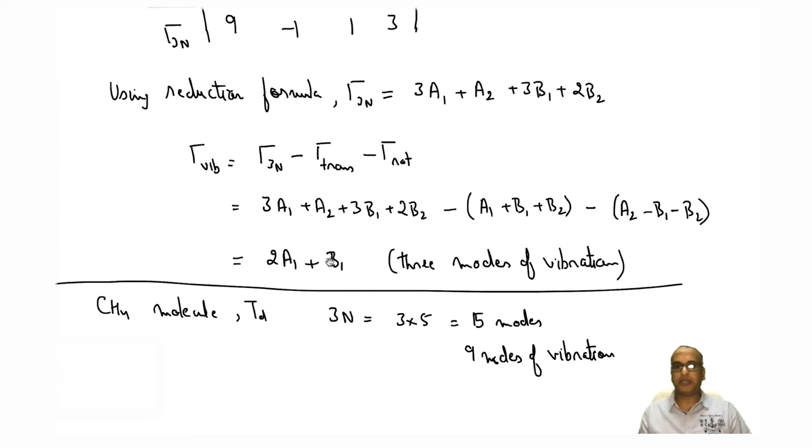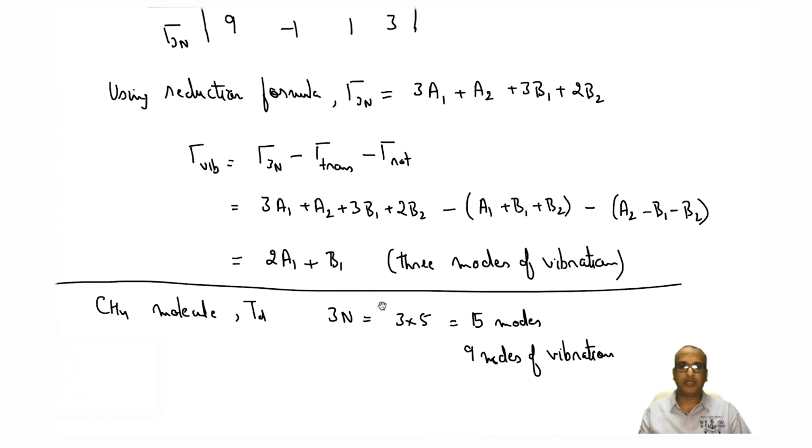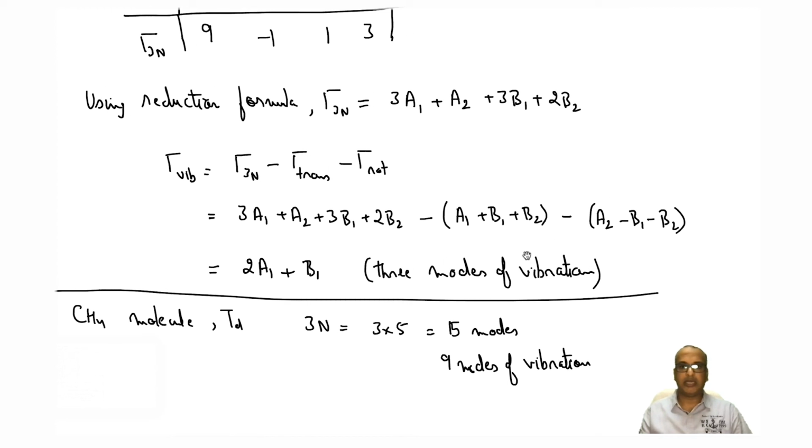There is no degeneracy possible. Accidental degeneracy is a different thing, but theoretical degeneracy is not possible. But in case of the Td point group, you have 2D and 3D representations. So the 9 modes of vibration may show some degeneracy, and that's why we wanted to test this case.